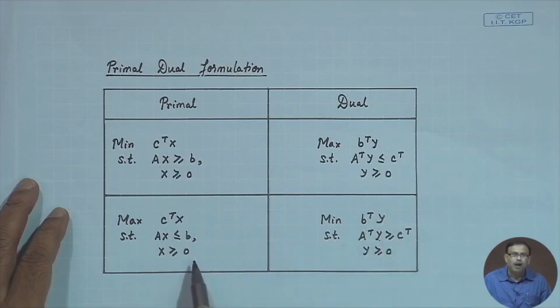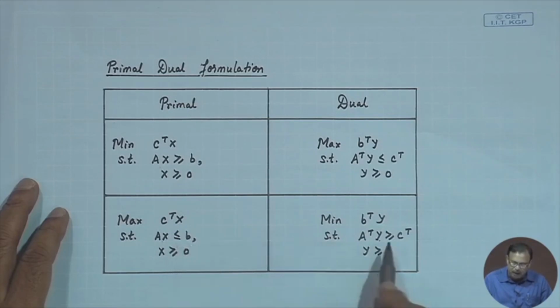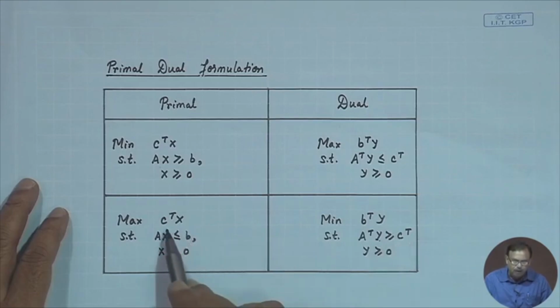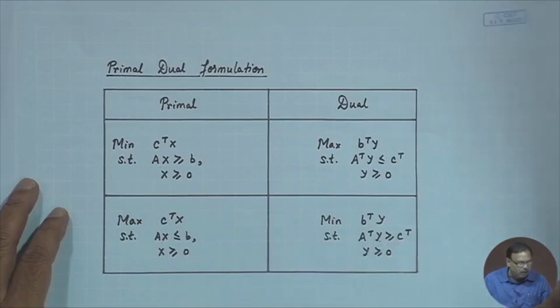So, please note that if the original primal problem is maximization, its dual will be minimization, whereas in the subject to conditions, if Ax is less than or equal to B, in that case greater than or equal to constraints will come, and the coefficients will come from the objective function, that is, A transpose Y greater than or equal to C transpose.